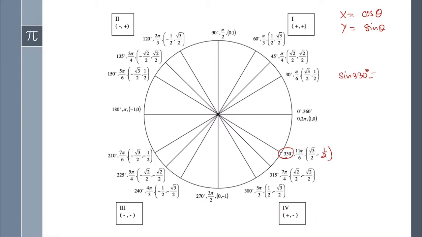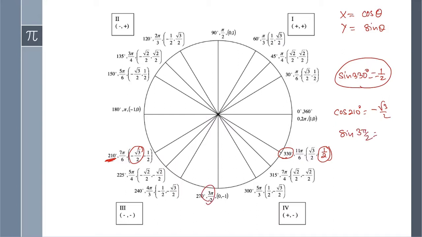So my y coordinate gives me the value for sine 330 degrees. Or if I want to find the cosine of 210 degrees, I go to 210. Cosine means the x value, so it is negative square root of 3 over 2. Or if I want to find the sine of 3 pi over 2, I go to 3 pi over 2. Sine means the y coordinate, so it's negative 1. So that's how we use the unit circle.